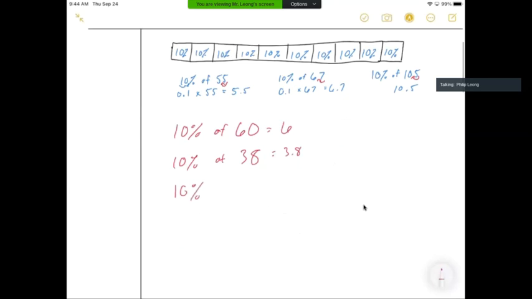What's 10% of, let's say, 256? All right. Good. You guys are getting the hang of it. 25.6. Good. Right? In your head. Okay, now watch this. What is 20% of 80? In your head, no calculator.